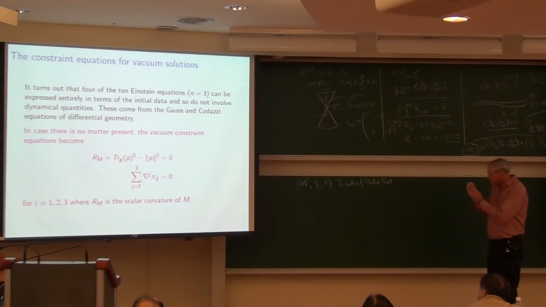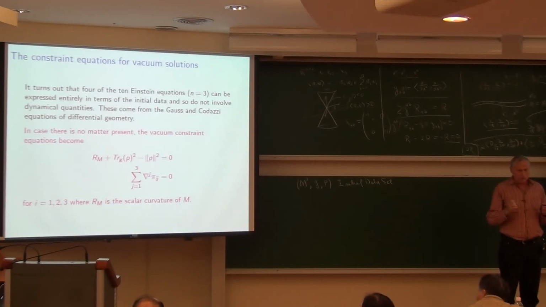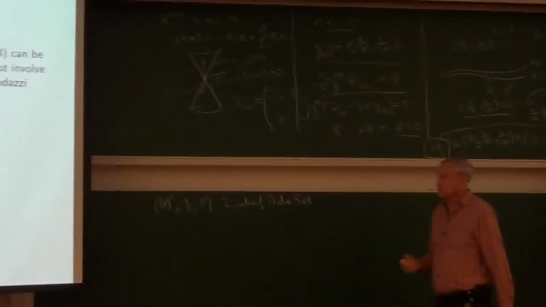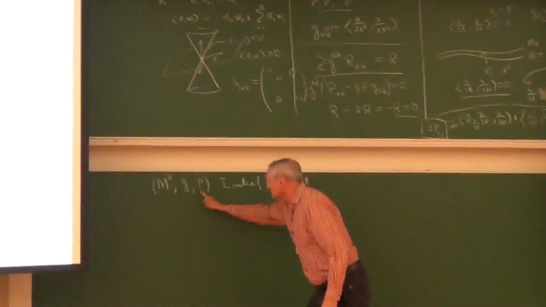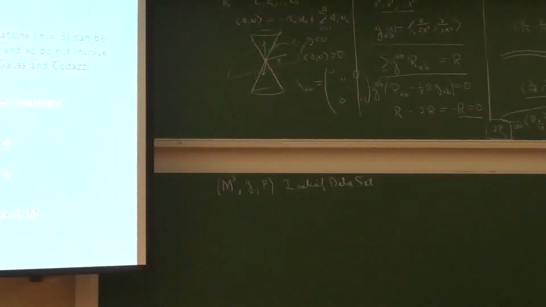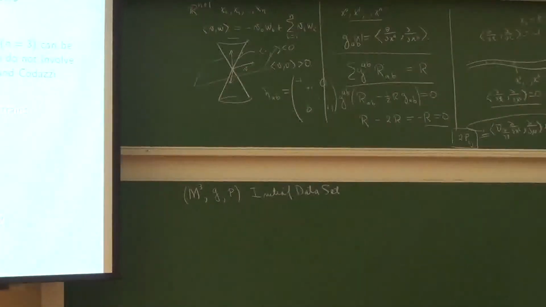But if you think of wave equations, then you can specify arbitrary initial data, initial positions and velocity. That's not true for the Einstein equations. It turns out that G and P themselves satisfy a system of 4 PDEs, which are called the constraint equations. They represent 4 of the Einstein equations.